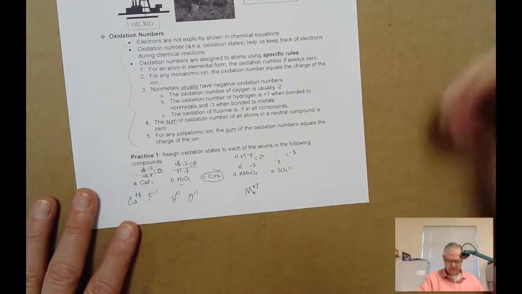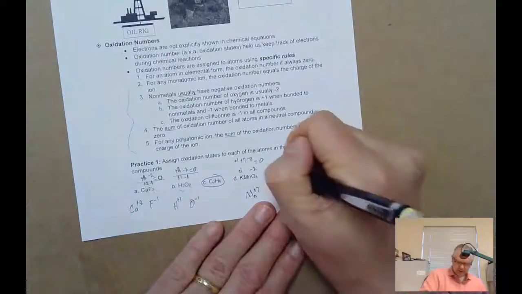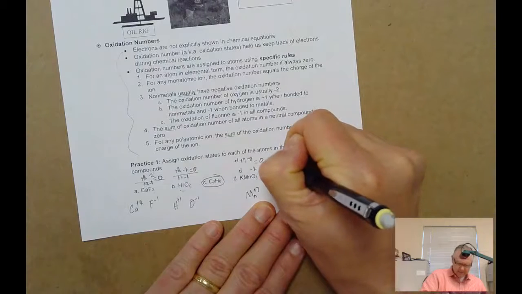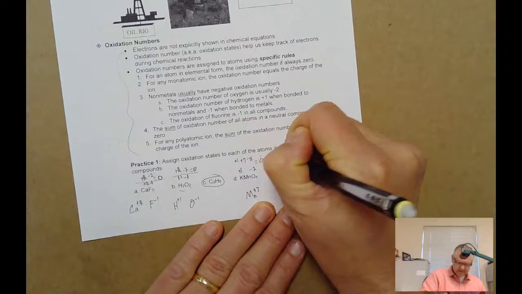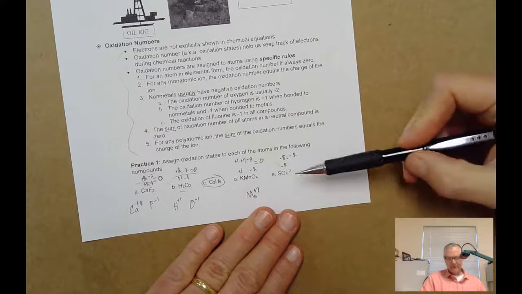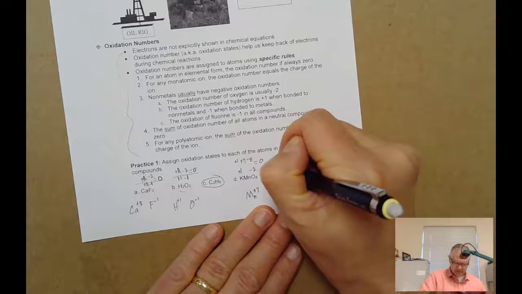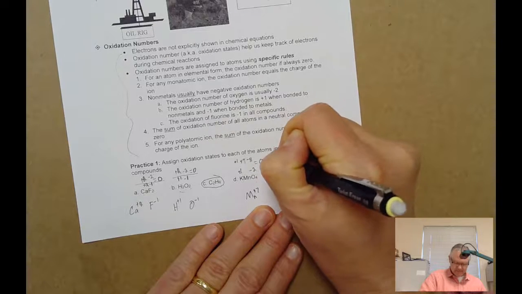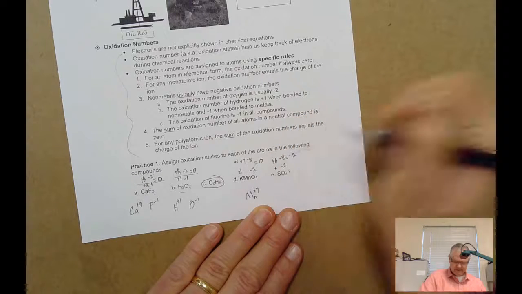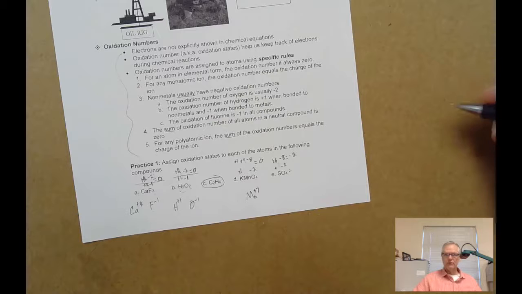I'm sorry, I wrote it in the wrong spot. The oxygen is going to be a -2, and that gives me a total of -8. So what would I have to add to -8 to get -2? The answer would be +6. So that +6 has to be the charge of the sulfur.